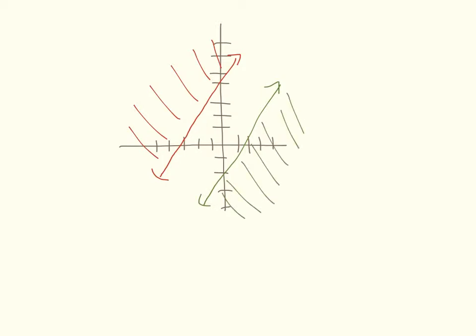But sometimes you're going to get lines that look like this. So you'll have a line here, and it's shaded on the outside, and then you're going to get a line over here, and it's also shaded on the outside. So these shadings will never overlap, so this would be an example of no solution. If they were both shaded in the middle, then of course they would be overlapping in the middle, so it's a possibility when you have parallel lines. But otherwise your lines should be overlapping.